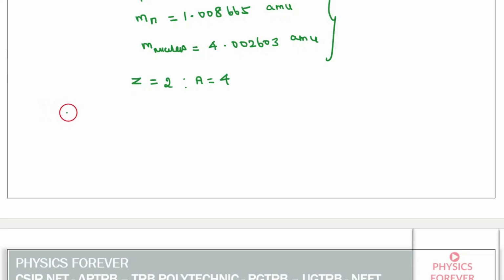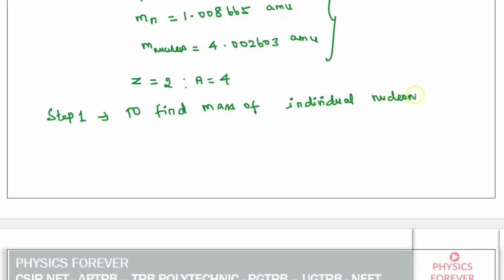so step 1, first find the mass of individual nucleons. Individual nucleons here means the mass of the proton and neutron. So the total mass can be written as Z times the mass of the proton plus the neutron mass of the nucleons. Here Z is 2.